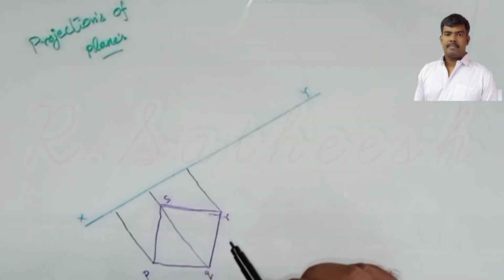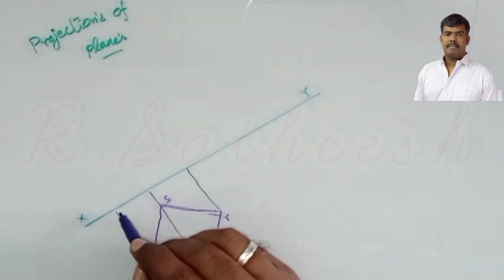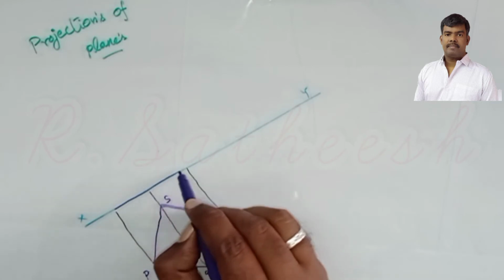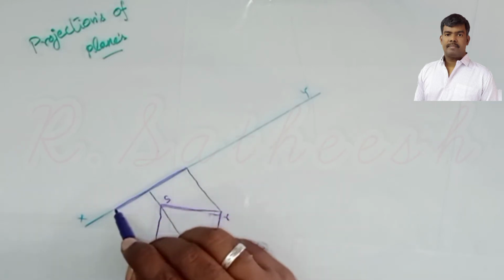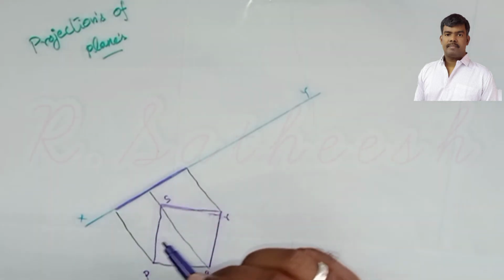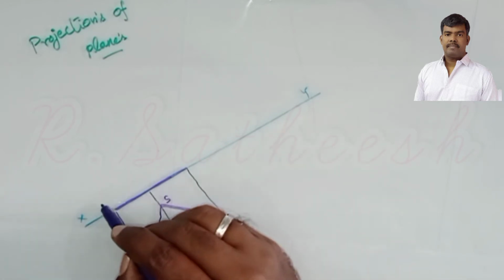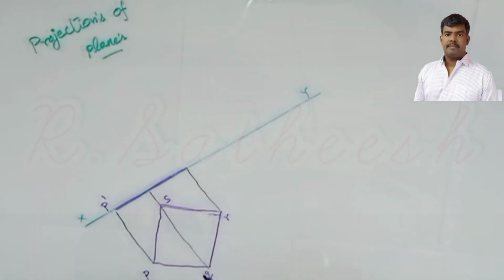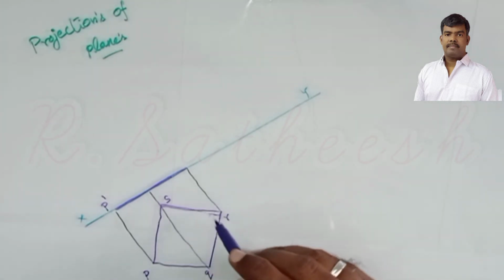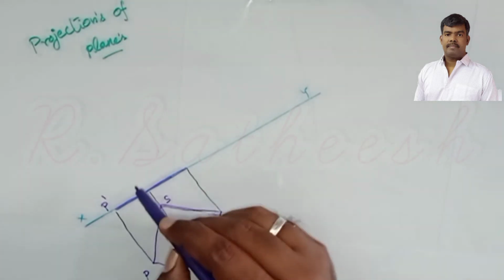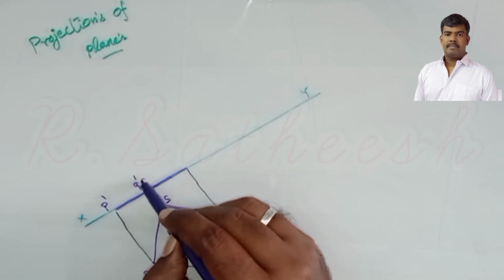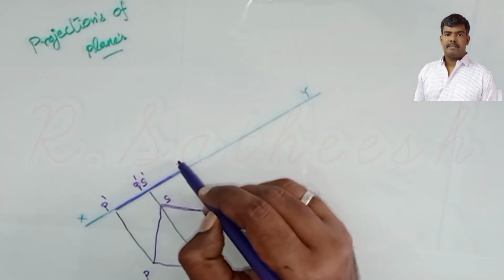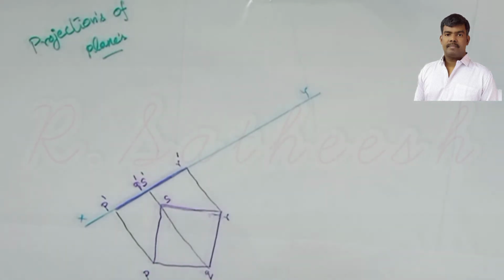P, Q, R. So now the front view lies completely on XY. Before inclination the total plane is resting on HP. Therefore this is P dash. In the front view Q and S coincide, but Q is visible first, therefore Q dash, then S dash. Next one is R dash. Right. So this is the initial case before tilting.